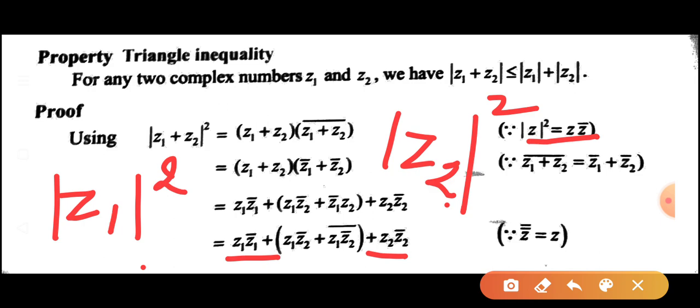In the center, you imagine z1 z2 bar is z. Then z1 bar z2 is z bar. So here we have z plus z bar.